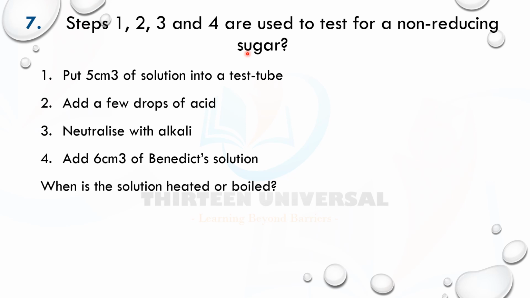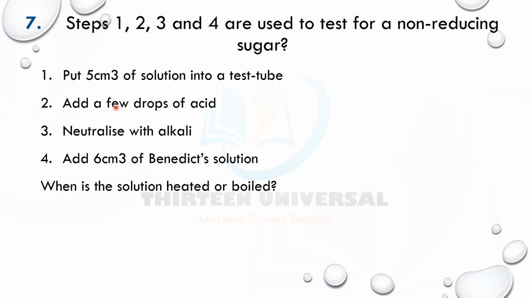If you remember, when you put 5 cm cube of solution into a test tube and add a few drops of acid, after steps 1 and 2, you hydrolyze. You boil so that sucrose can be broken down into glucose and fructose. The glycosidic bond is broken down. So you boil here.